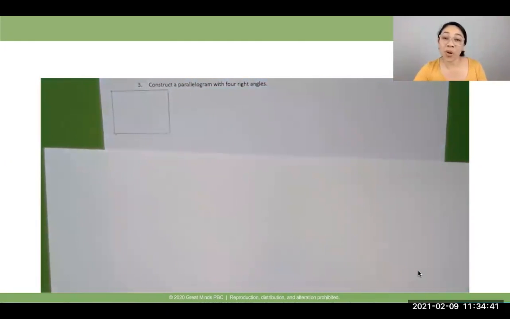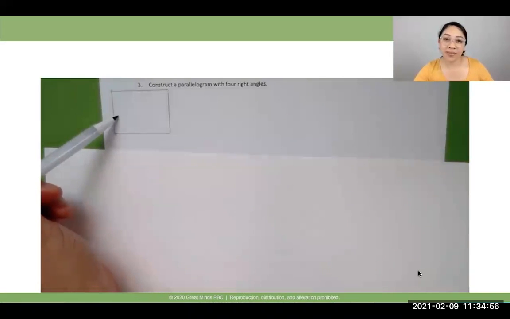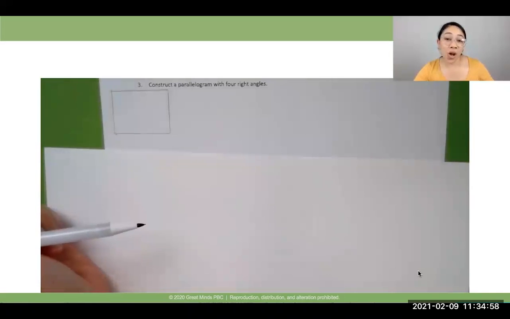Take a moment to compare your quadrilateral with mine, looking at angle measure and side length. Here we can see that the fourth segment is parallel to the third segment. It also has 4 right angles. Let's identify with a square in each vertex.